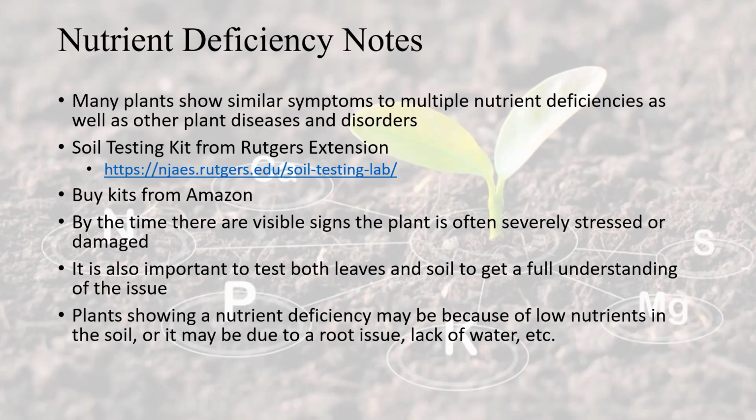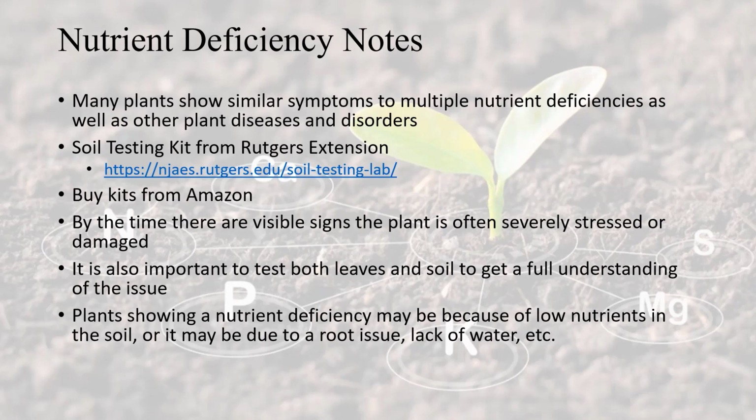Now, it's important to note that many plants can show similar symptoms for multiple nutrient deficiencies, as well as other plant diseases and disorders, right? So a lot of nutrient deficiencies may look similar, and it might be hard to tell them apart. So it's often best to get your soil tested, and there are different kits you can buy.